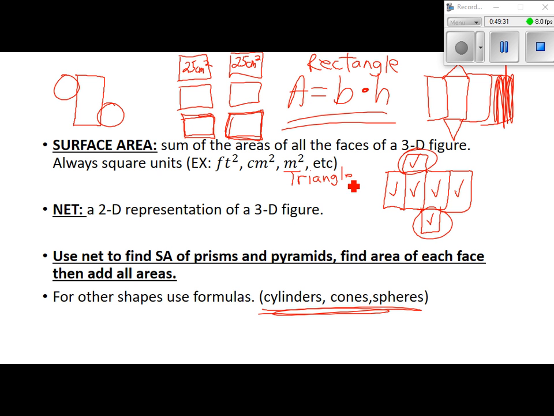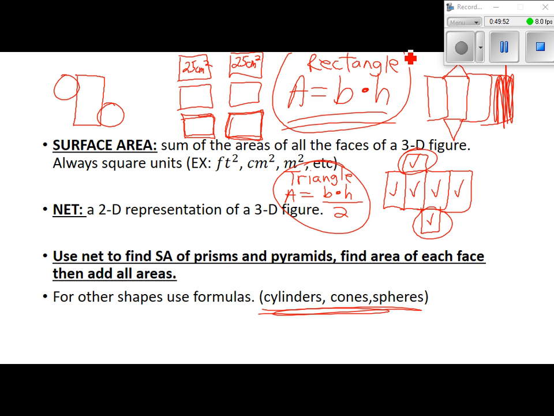Base times height divided by 2. So area equals base times height divided by 2 for a triangle. Those two are the two main ones when we're dealing with all these different shapes: triangles and rectangles.